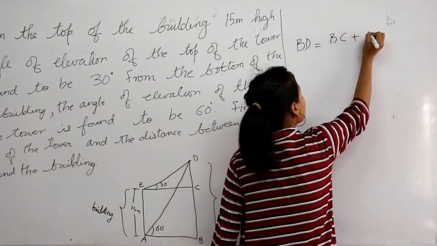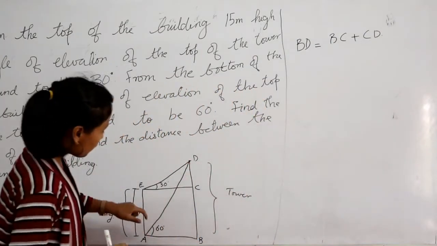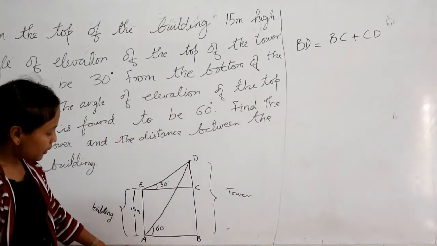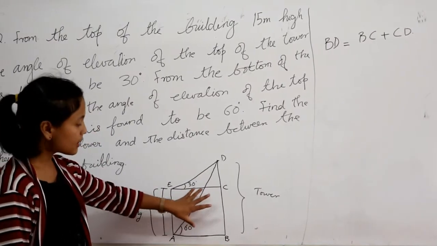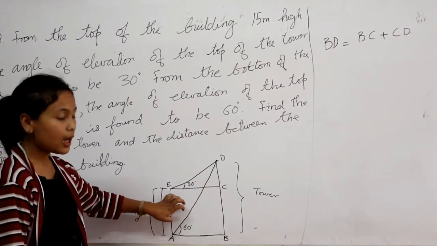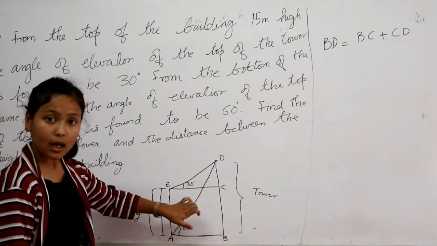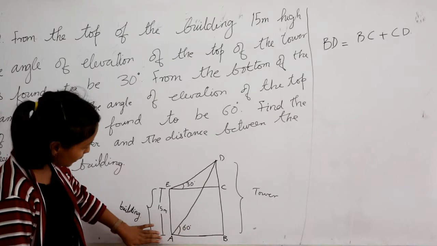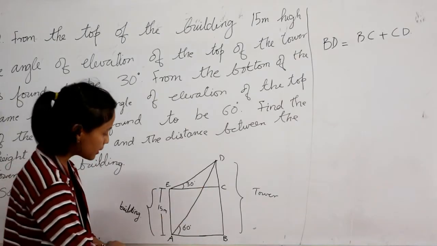Now if you look at this figure, ABCE is a rectangle. In the rectangle, we know that the opposite sides are equal. Now here AE is equal to 15 meter. So BC will be 15 meter.